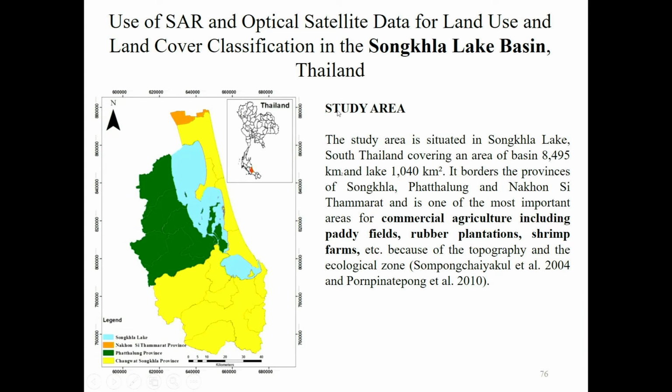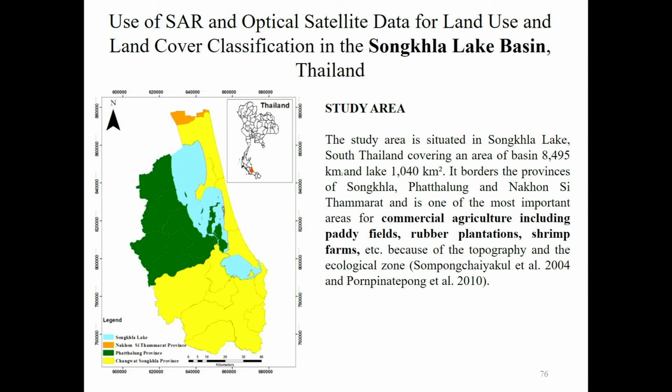And that one I did, I used satellite images from passive satellites and active ones, SAR and optical, to classify land use and land cover in the Songkhla Lake Basin.